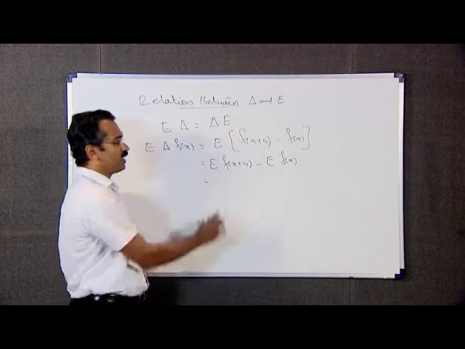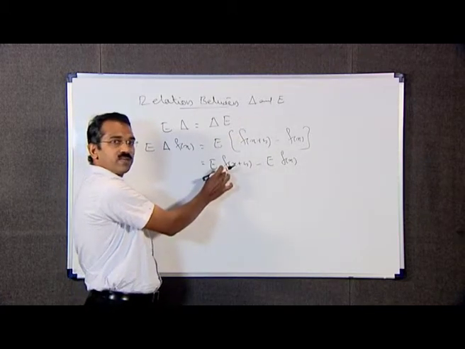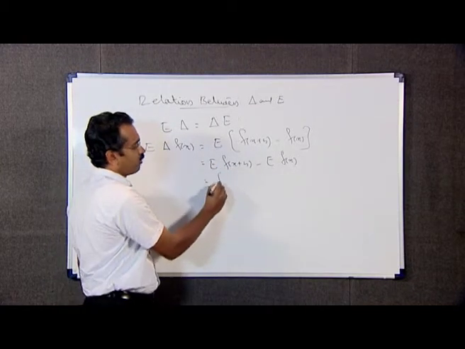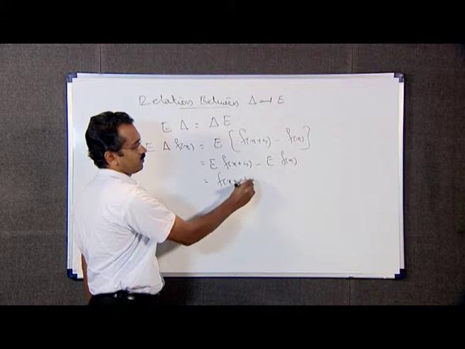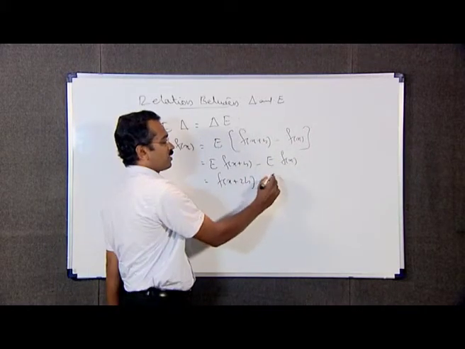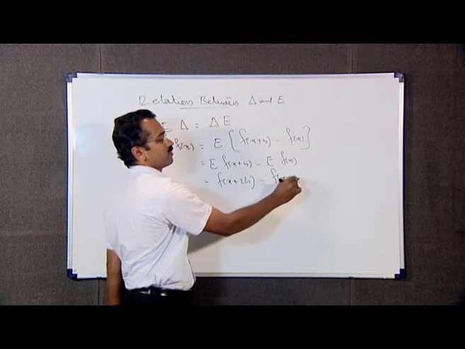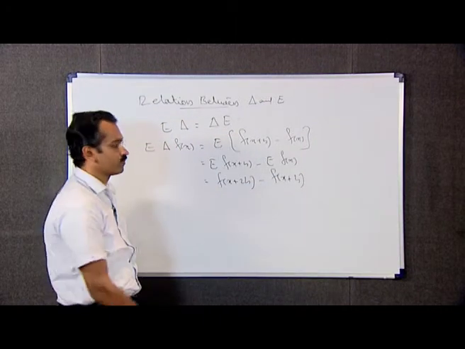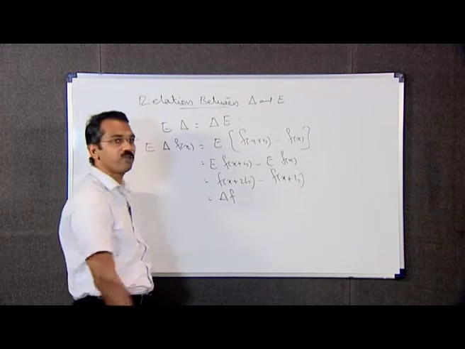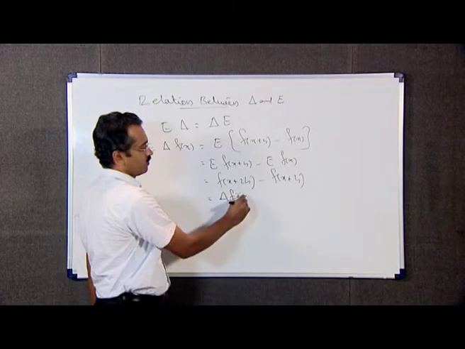By definition of the shift operator E, E of f of x plus h is equal to f of x plus 2h, minus E of f of x, which is f of x plus h.